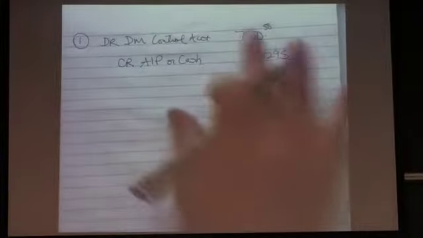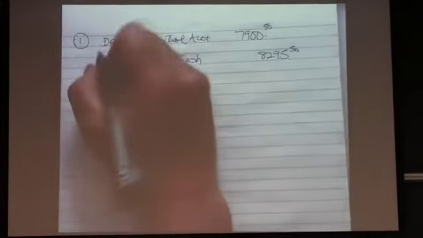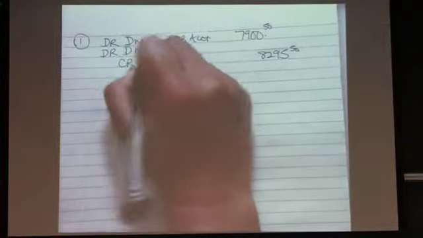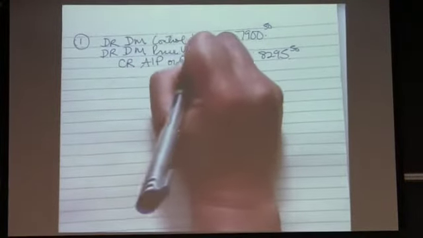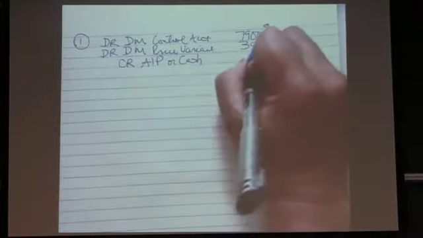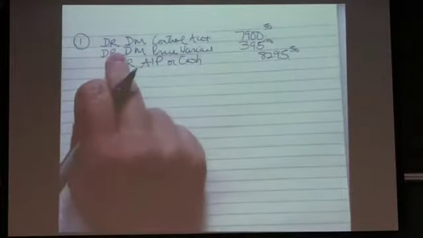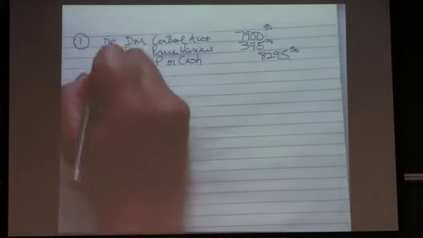Now, these two don't balance, so you're going to have a debit called direct material price variance. This price variance account is a temporary account.